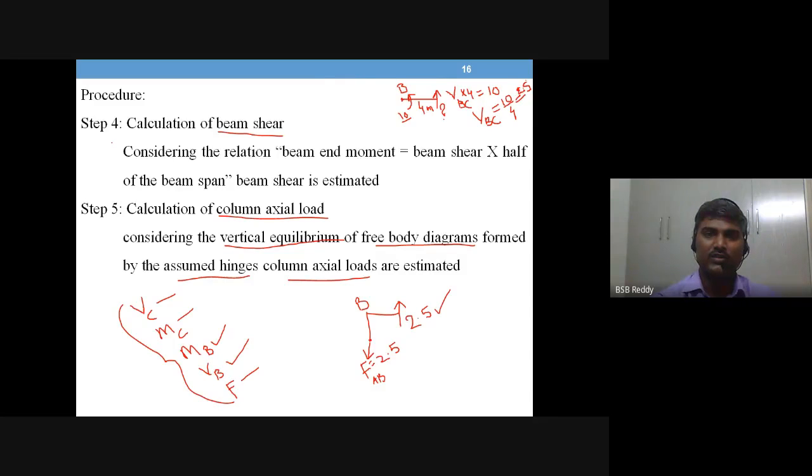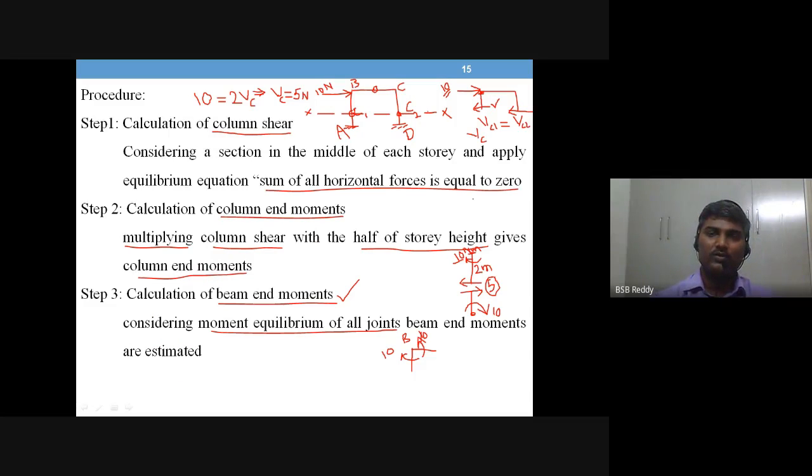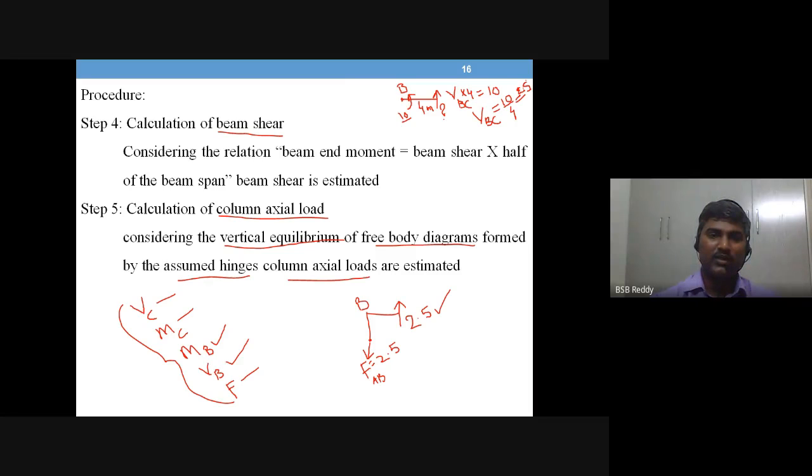Ultimately, the procedure involves applying sigma Fx equals 0, sigma M equals 0, and sigma Fy equals 0. So this all became a determinate problem just with the 2 assumptions made by Albert Smith.